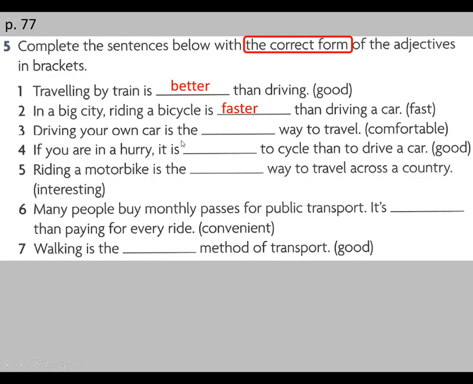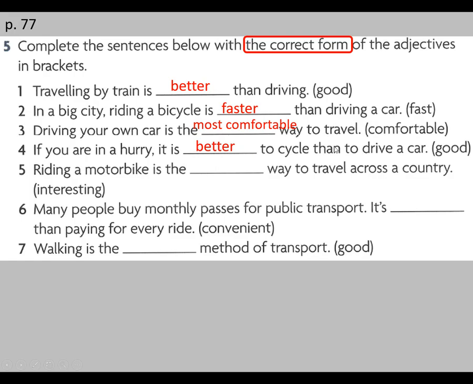Driving your own car is, do you see this word, the article, the definite article? The most comfortable way to travel. If you are in a hurry, it is better to cycle than to drive a car.